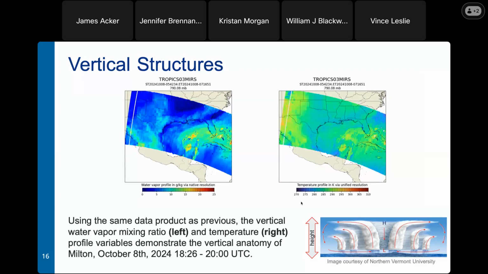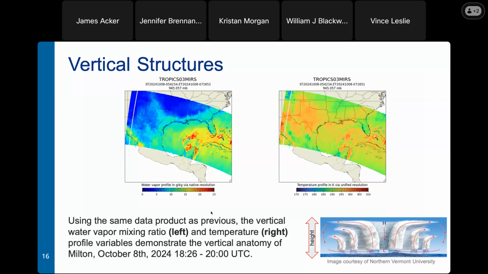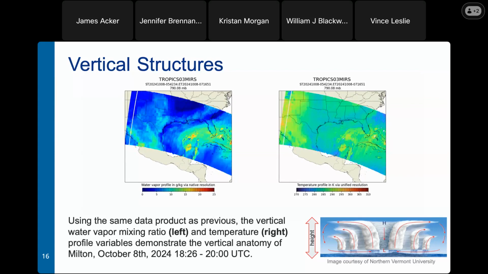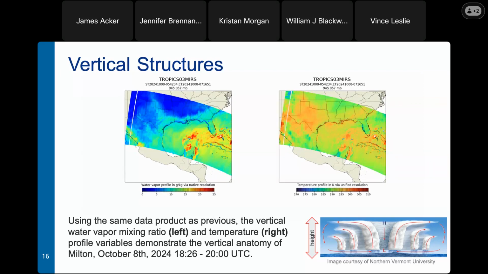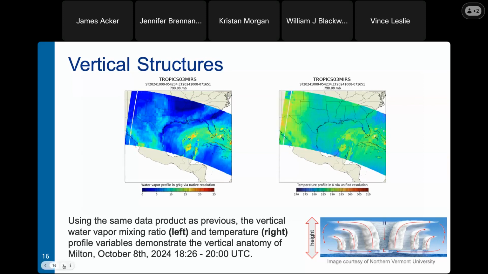You can see the temperature signature as you look at it vertically. Additionally, you can look at the water vapor mixing ratio vertically from surface to height. These data sets really allow us to look at the anatomy of the specific storm, which can be really powerful for analyzing and evaluating the strength of the cyclone.